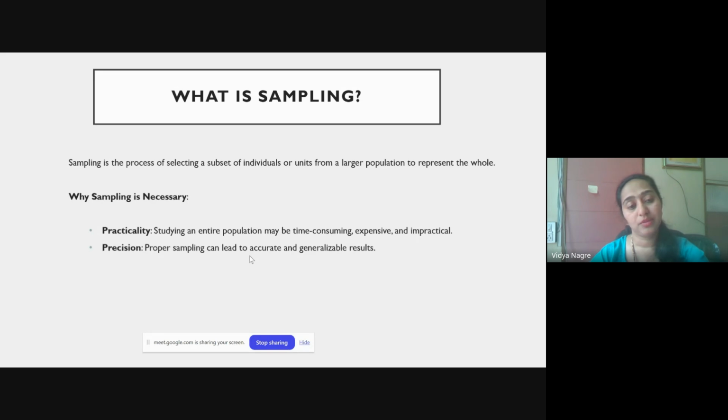Then precision. Proper sampling can lead to accurate and generalizable results, as happened in the COVID case, right? Proper sampling has been done, proper testing has been done on people, or animals in the laboratories.